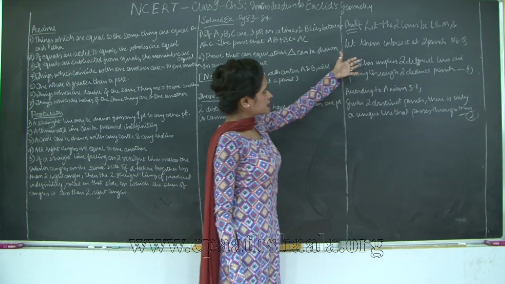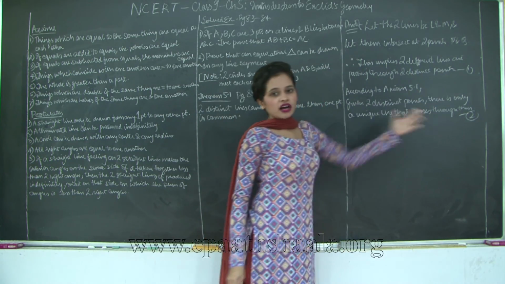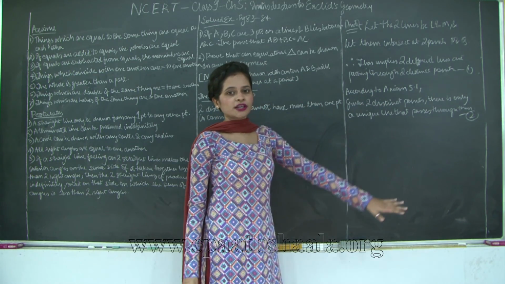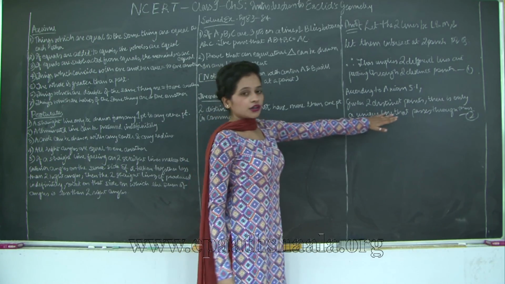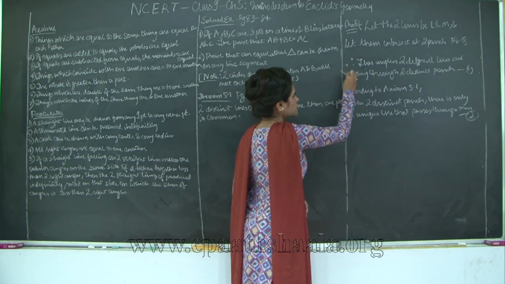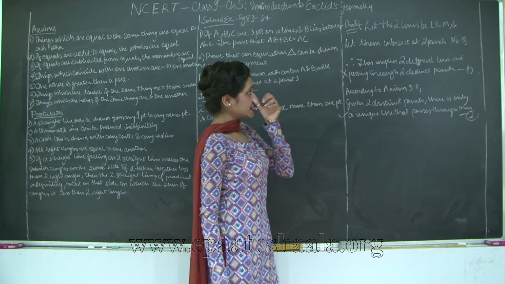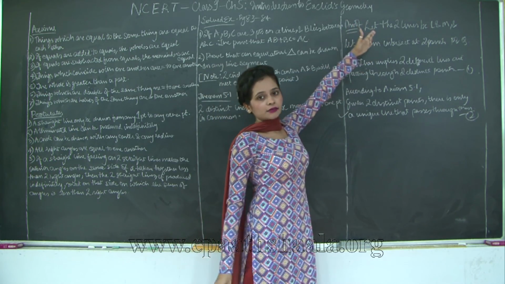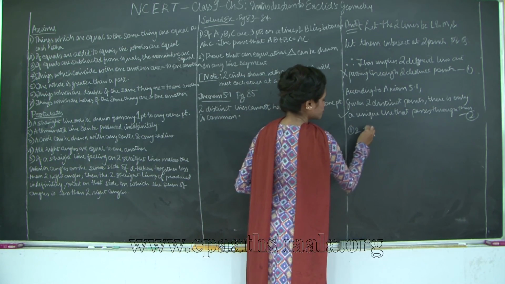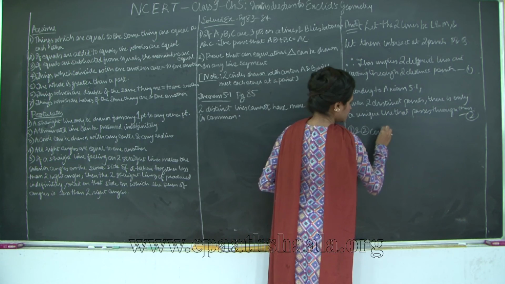So if you notice, 1 and 2 are contradicting each other. Axioms are considered to be universal truths, so obviously this is a valid point and the other is an invalid point. So obviously our assumption is wrong. So I'll say 1 and 2 contradict each other.